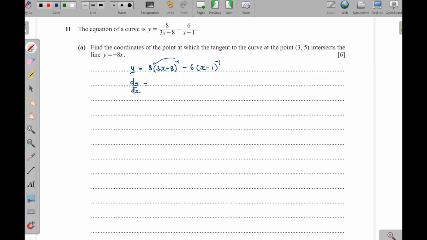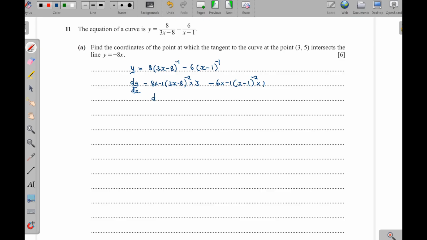This one will be, bring the -1 here, it multiplies with the 8, then reduce the power here by 1, then it becomes a -2, then times the derivative of this one here, which will be a 3 using chain rule. The same thing happens to this. So we have -6, then times the -1, that is when you drop this power, then x minus 1 to the power of -2, and then times the derivative of this, which is a 1.